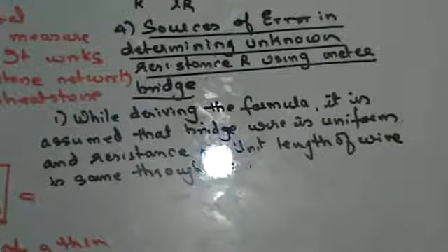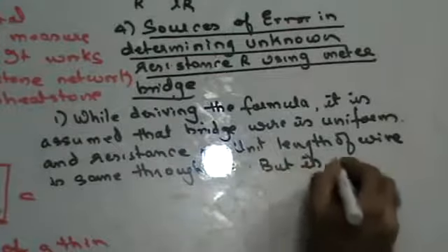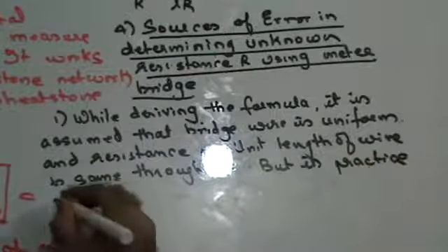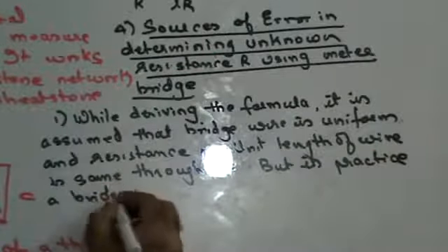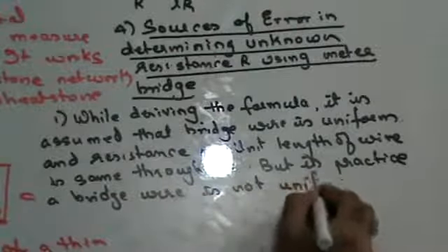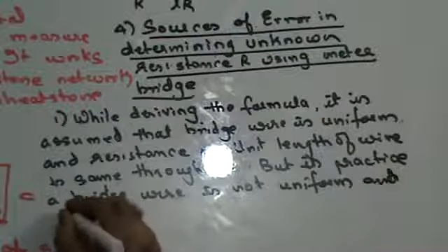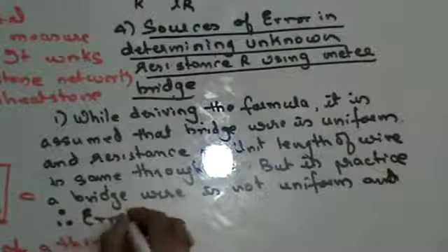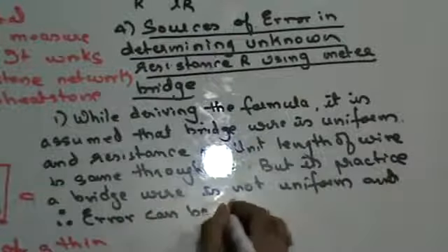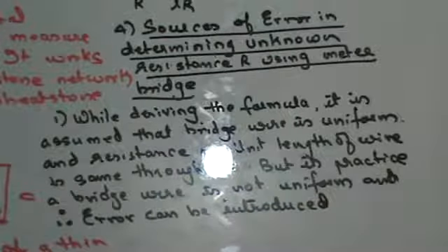But in practice, a bridge wire is not uniform, and therefore error can be introduced. Right, that's the first source of error.